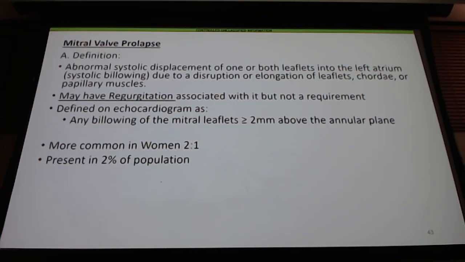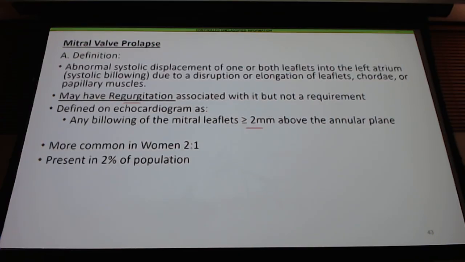Then we went on, we started talking about mitral valve prolapse, and we talked about how the prolapse is just the hypermobility of the mitral valve leaflets, where it billows backwards into the atria at least 2 millimeters. And sometimes, though, that hyperelasticity of that valve leaflet can then lead to a regurgitation, and then you hear a regurgitation murmur associated with it.